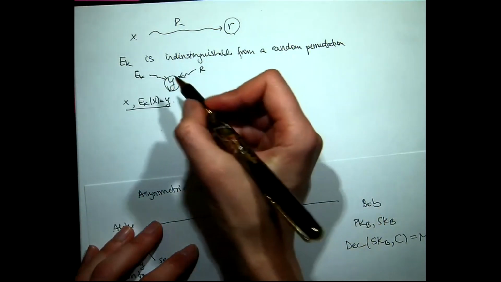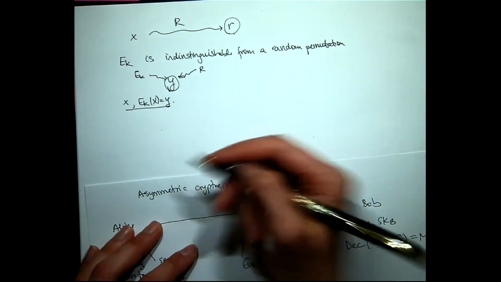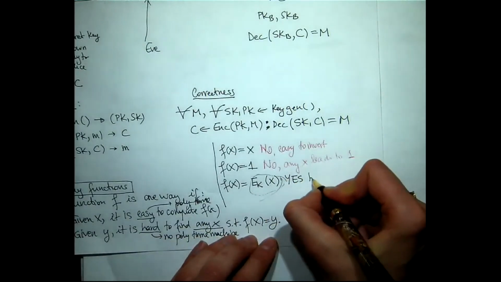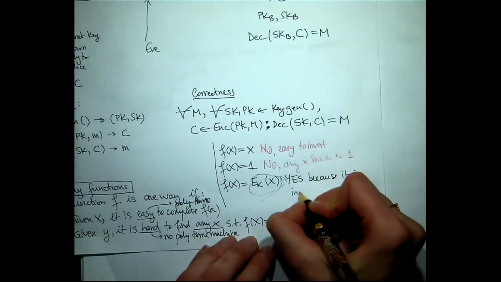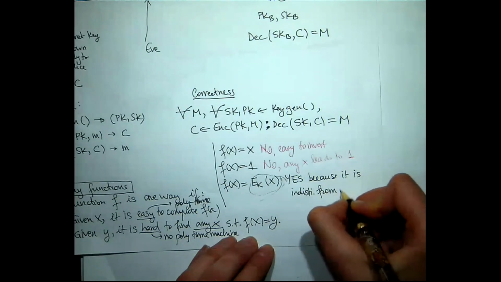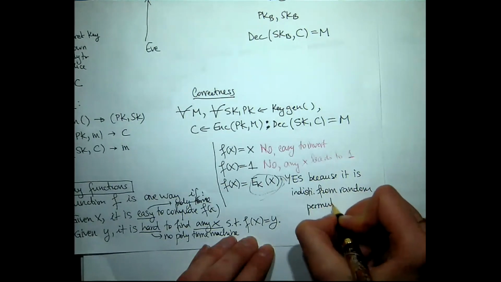So if E sub k were invertible, then it would not be a random permutation. So the answer is yes, because it is indistinguishable from a random permutation.